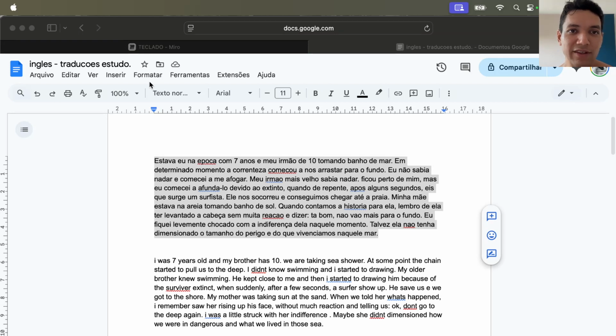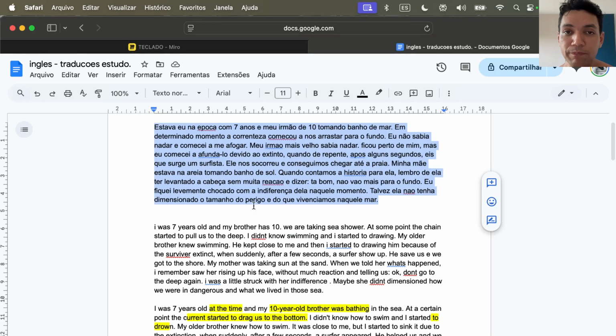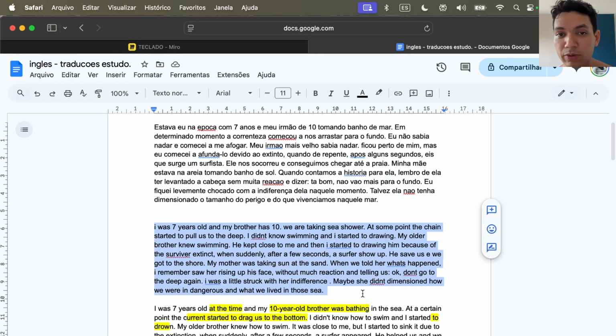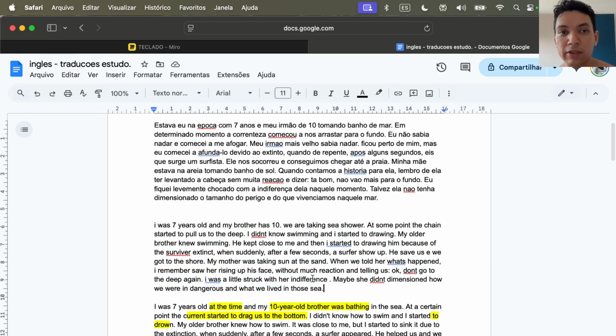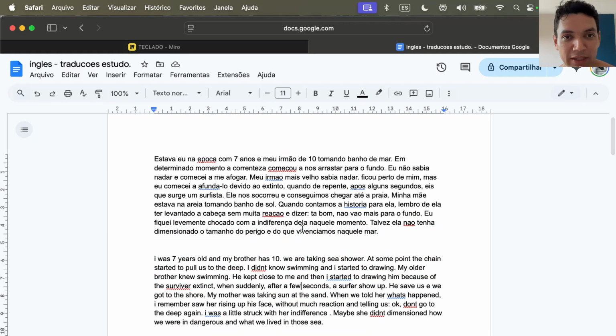Because of this, when you try to translate to the other language that you are studying, in my case English, the history will be rich in vocabulary too. But you're going to realize that you don't know some words, and that is the point where you grow your vocabulary.